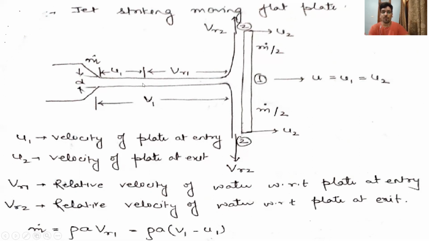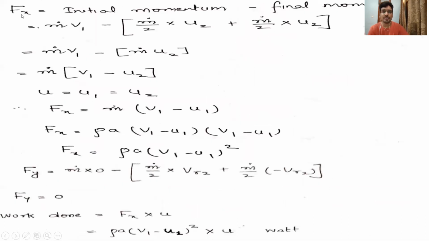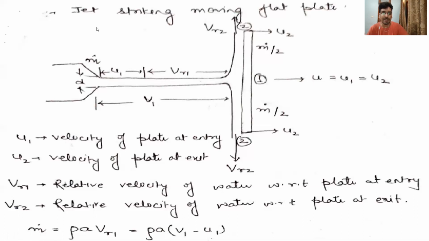Okay. So what will be the amount of force that is exerted in x direction by this jet on this moving plate? So what is the value of Fx? Fx will be the initial momentum minus final momentum. The value of initial momentum is m dot into v1. And what will be the final momentum? Final momentum will be m dot by 2 into u2 plus m dot by 2 into u2.